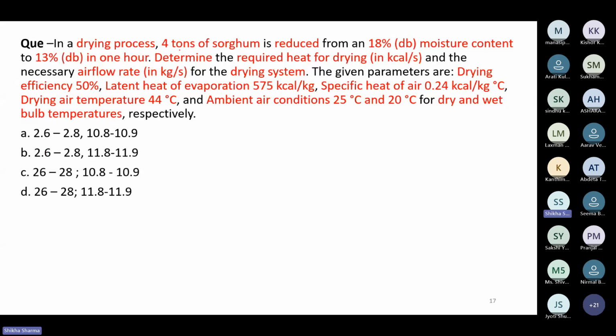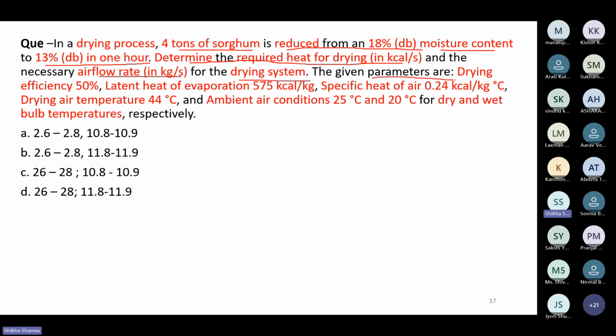In a drying process, 4 tons of sorghum is reduced from an 18% dry basis moisture content to 13% dry basis in 1 hour. Determine the required heat for drying in kilocalorie per second and the necessary air flow rate in kg per second for the drying system.